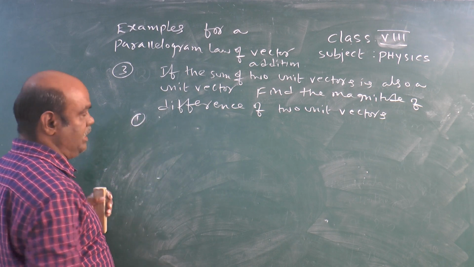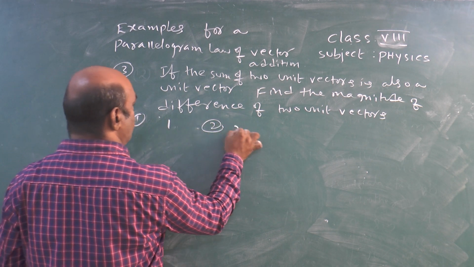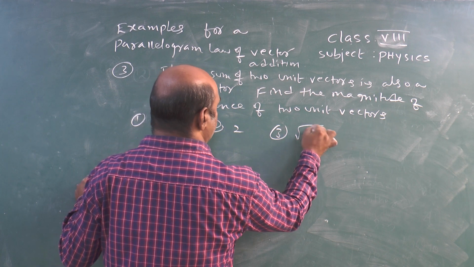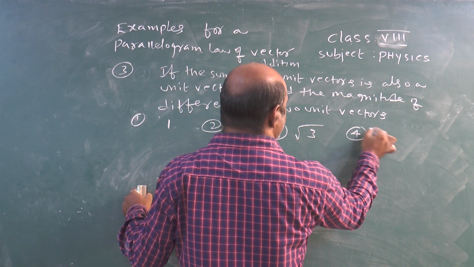The first option is 1, the second option is 2, the third option is root 3, and the fourth option is 0.